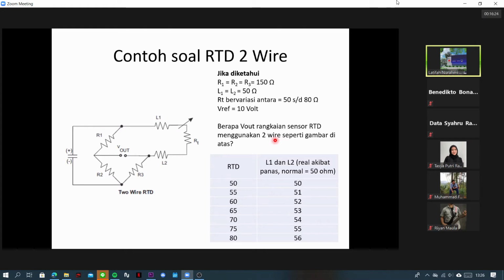Because we are varying it from 50 up to 80, you can try to find the V output one by one, from RT equal to 50 and RT equal to 51 and so on, to find what the V output is.